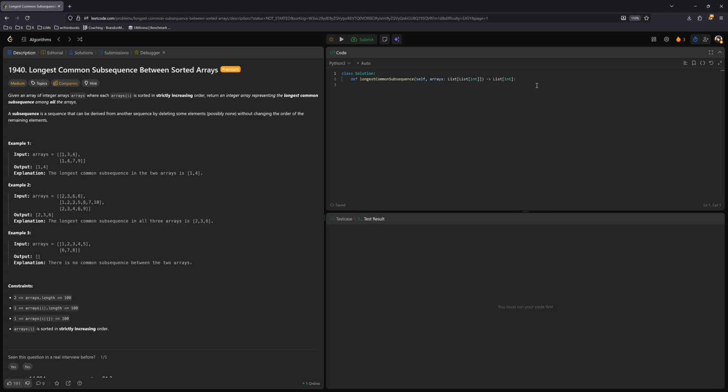Okay. All right. This sounds like a trie to me. So we're going to have class TrieNode. And it's going to be self dot children equals default dict of TrieNode. Right? Self dot children.